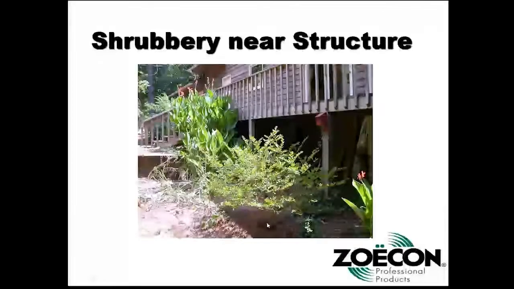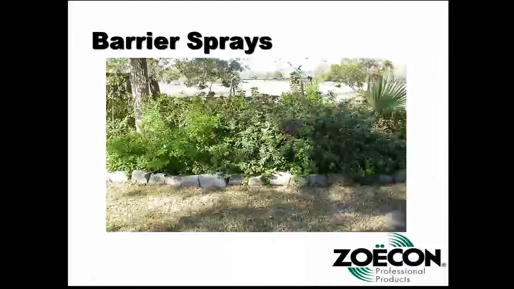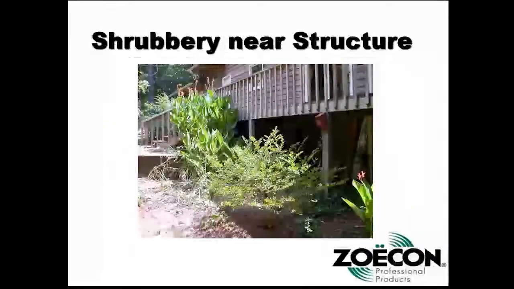If you have plants that look like this, where you can see the bottom where it meets the ground, this plant right here is going to be very attractive for a resting area for a mosquito. And a lot of times you can go through and trim the lower branches on a lot of shrubs and eliminate a lot of habitats. Just by doing that and redirecting sprinkler heads, you can change the habitat for them.